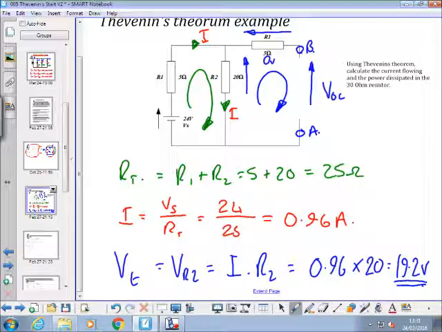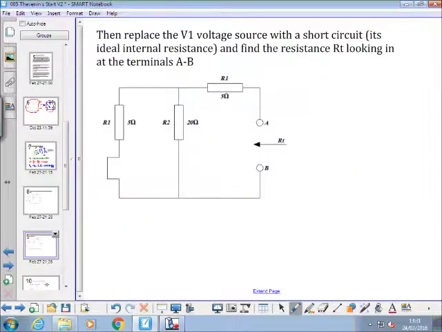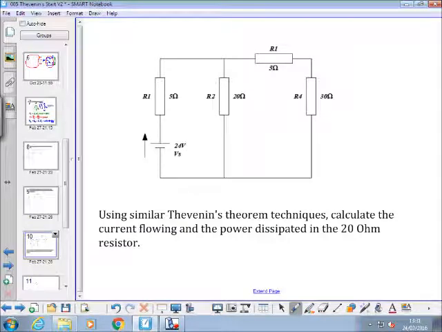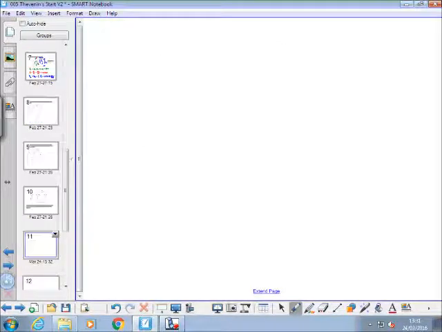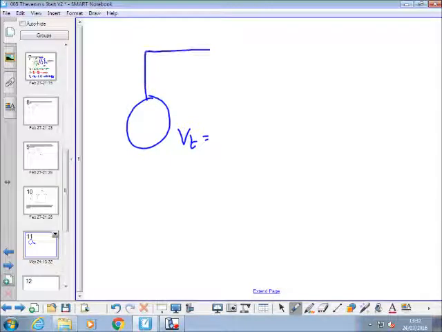So, having done that, the next part of the process. So what we've got so far is V Thevenin is equal to, and what value did we get? 19.2 volts.